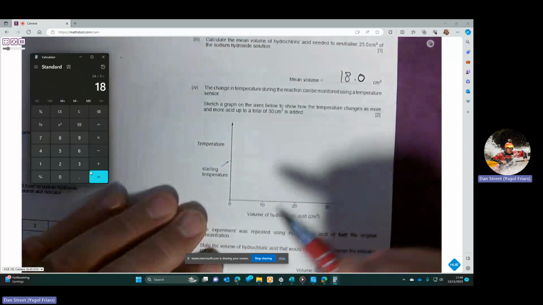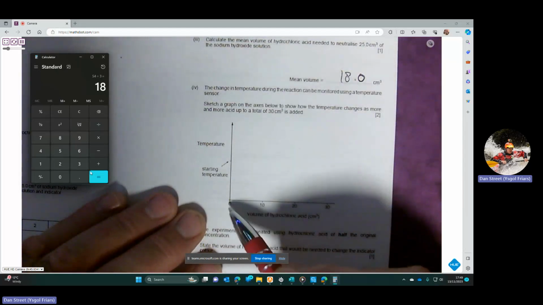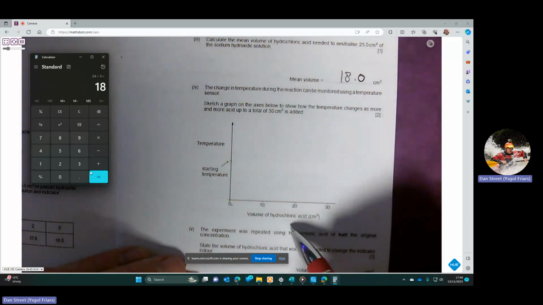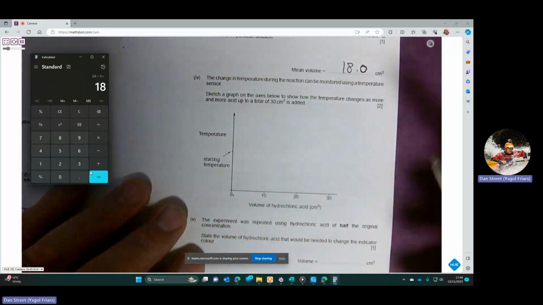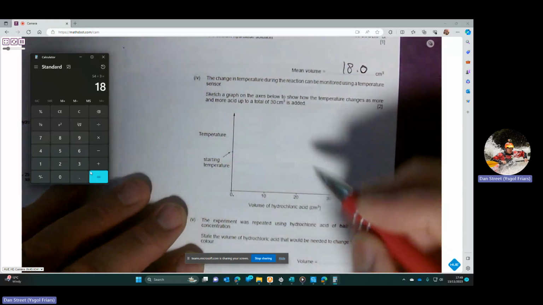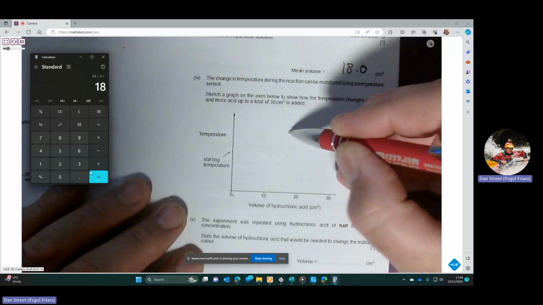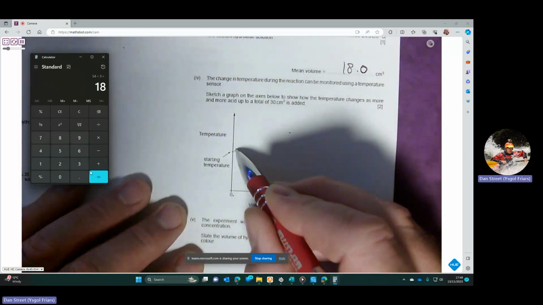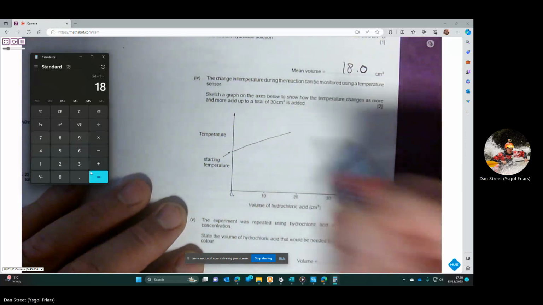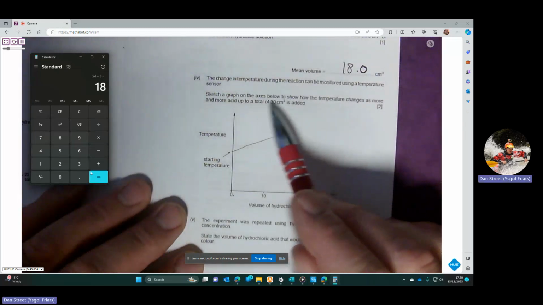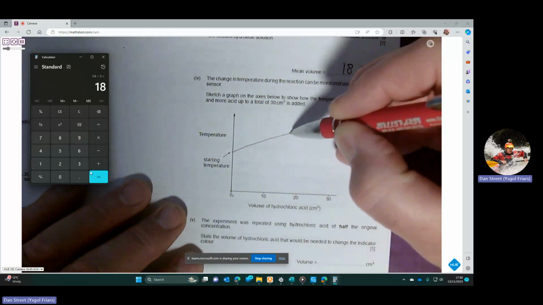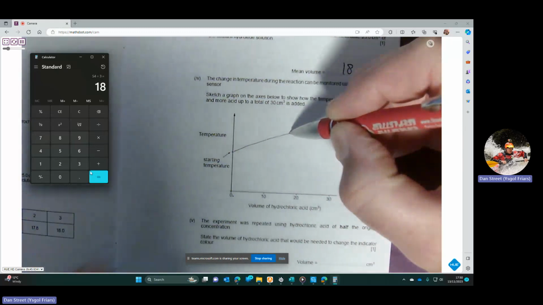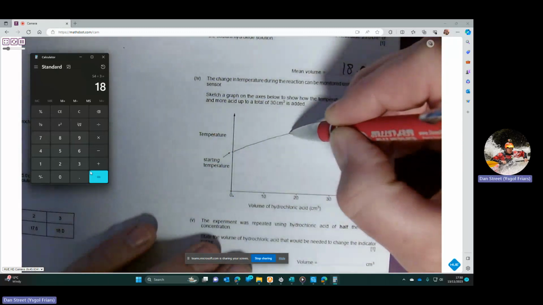So we might expect, between 0 centimeters cubed of hydrochloric acid and 18 centimeters cubed of hydrochloric acid, we would expect a reaction to happen. So we might expect the temperature to rise for that first part of the reaction. However, it says a total of 30 centimeters cubed is added. Now, at this point, the reaction's over. There is no more sodium hydroxide left to react with the hydrochloric acid.